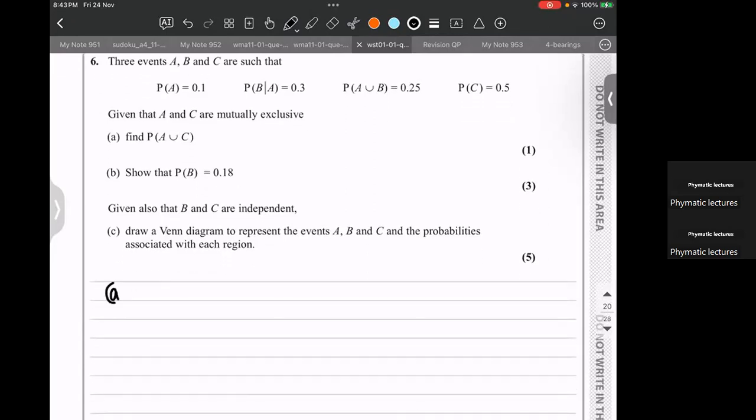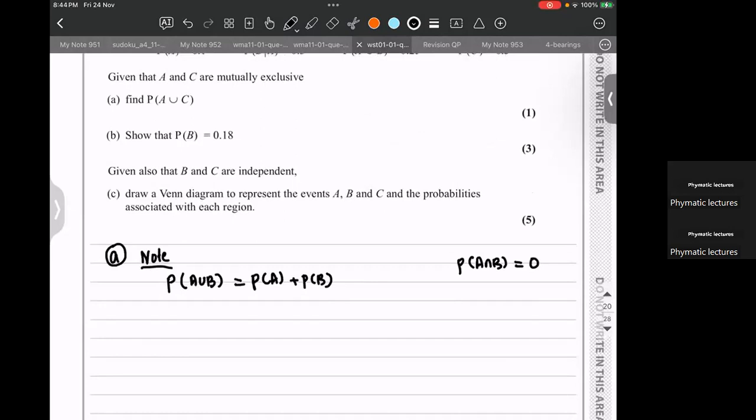So the concept is, if A and B are two mutually exclusive events, probability of A union B is always probability of A plus probability of B. That means probability of A intersection B is always 0 for mutually exclusive events.